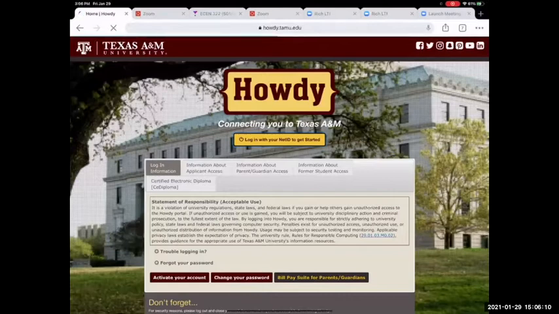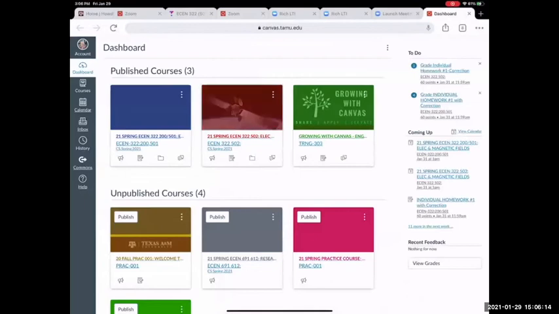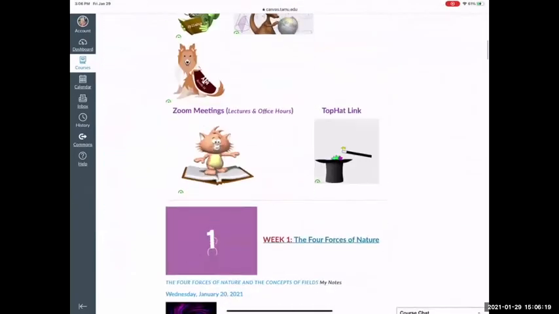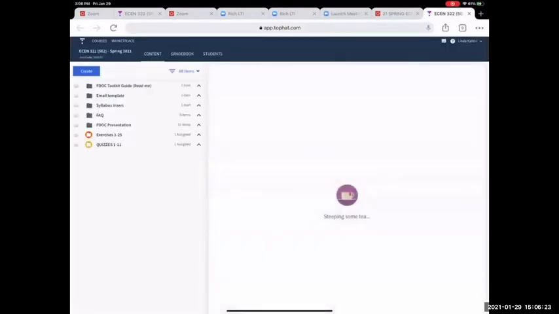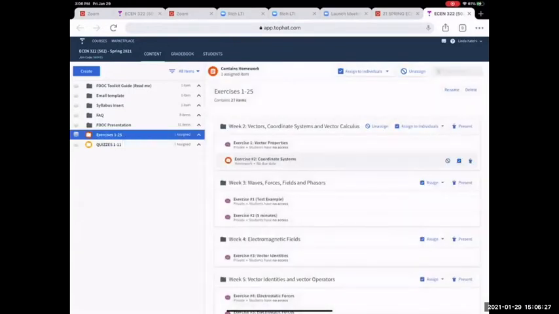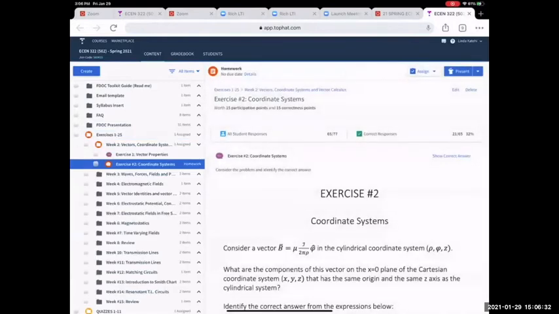Go back. Okay. Let's go here. That's a top hat. And we are going to exercises. That's what you asked me, all right? Exercise 2, coordinate systems. So I will unassign it.